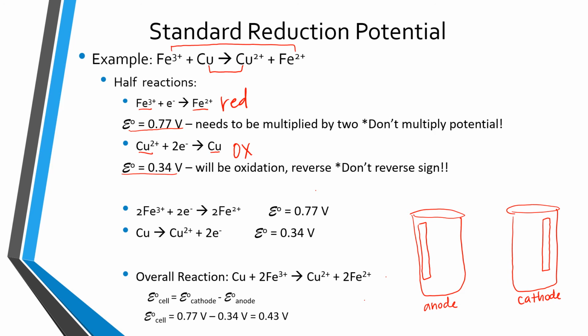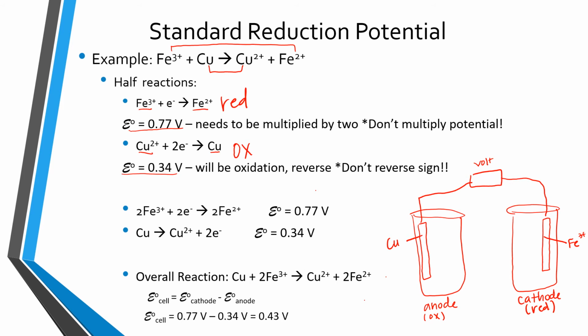Typically speaking, we do anode on the left and cathode on the right, but it is not always. Okay, so the anode, we remember, is our oxidation. So that means that it is our copper. This is my voltmeter, connecting it to the one that's running as the reduction, which is the iron 3+.